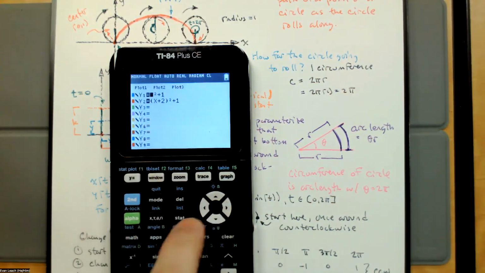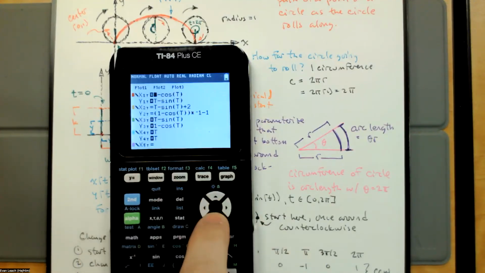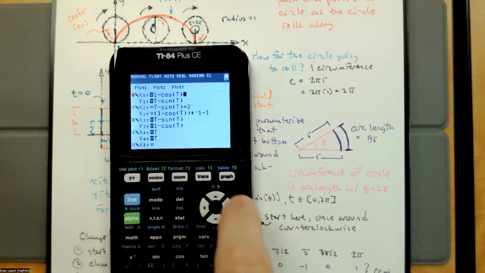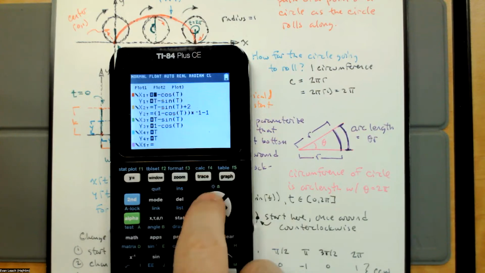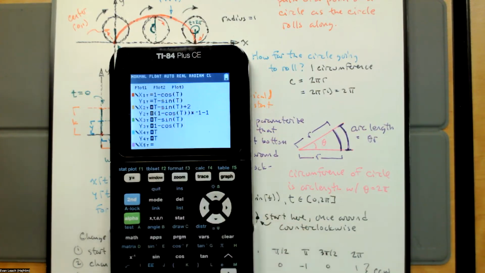But for parametric equations, here it is, turn this one off. When we added 2 and subtracted 1, adding 2 to the x's moved to the right 2, because we're not doing before the function and after the function.